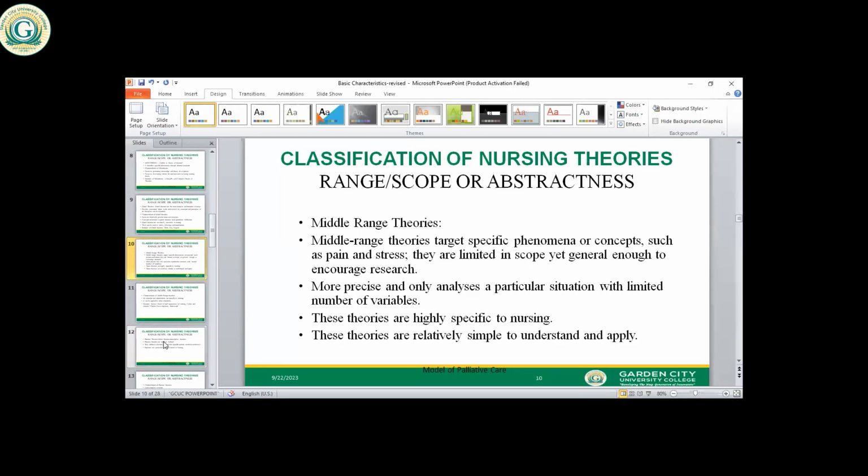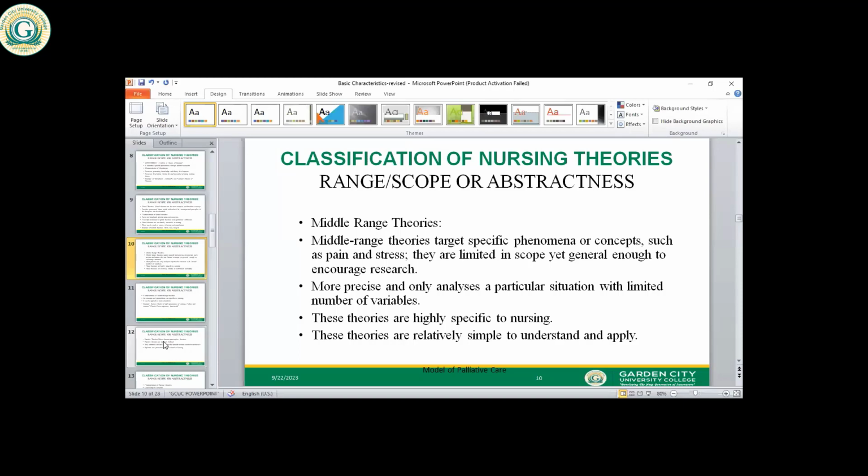For the practice theory, what it does is that there is a goal to be achieved. So if, let's say, Virginia Henderson had stated that we want to help meet patients' needs, and then she goes on to spell out that for us to achieve this, we have to do this and that for the patient, so there are some steps outlined to help us achieve that goal, and it becomes a practice theory.